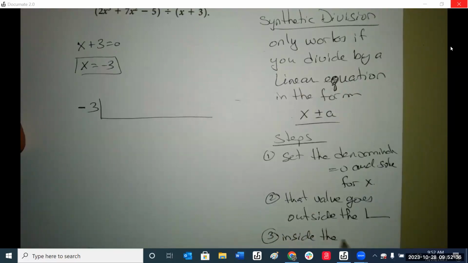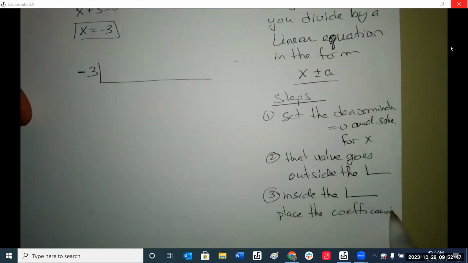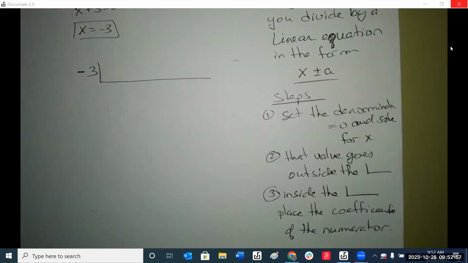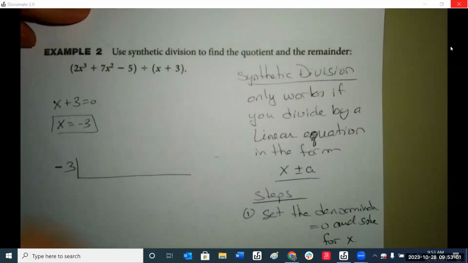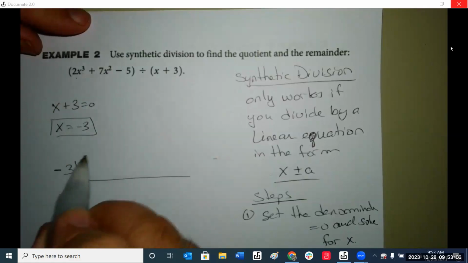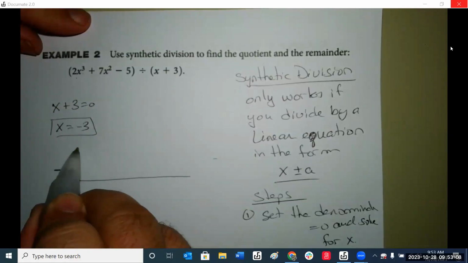Inside that upside down thing, place the coefficients of the numerator, or the top number. Notice there's three. I always start here, the degrees here.